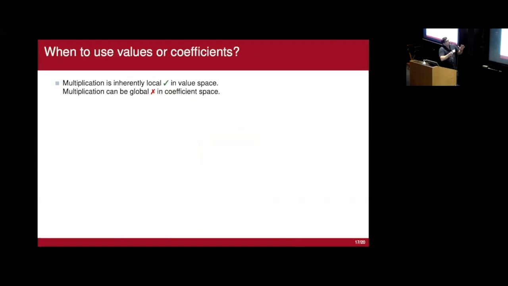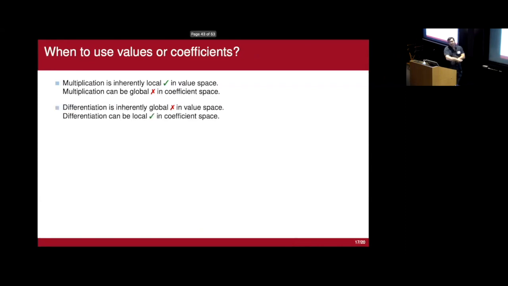So when should I use one or the other? Well, multiplication on a grid is inherently local. It's very easy to do point by point. Multiplication can be global, though, in the space of these coefficients. However, taking a derivative on the grid is inherently global because I have to form an interpolant over all grid points. But taking a derivative can be local, as we just saw, in coefficient space if you work in the right space of functions.